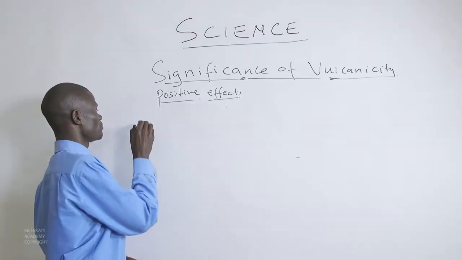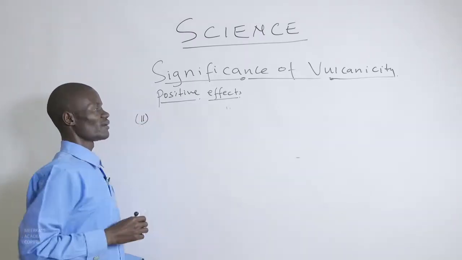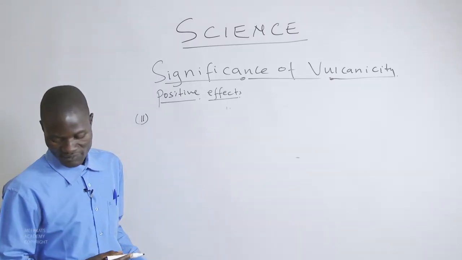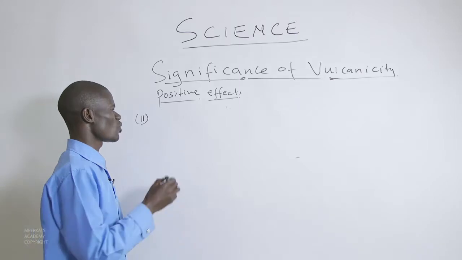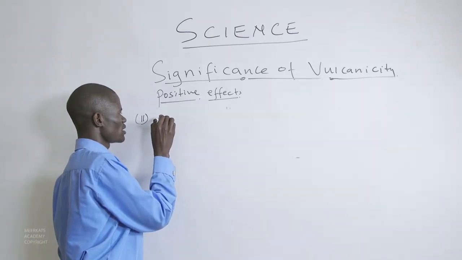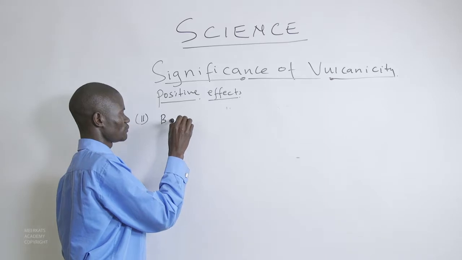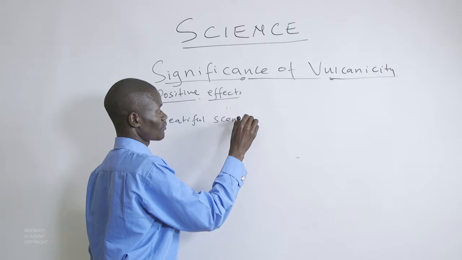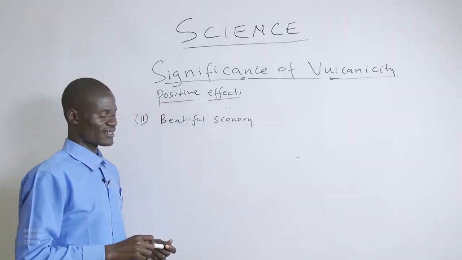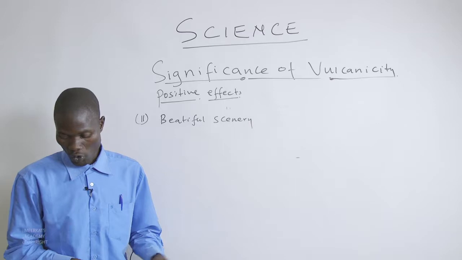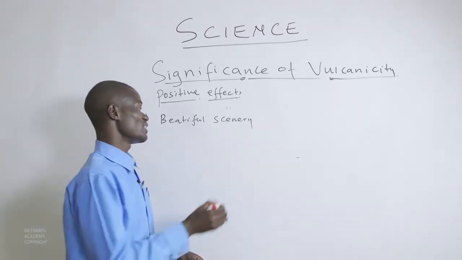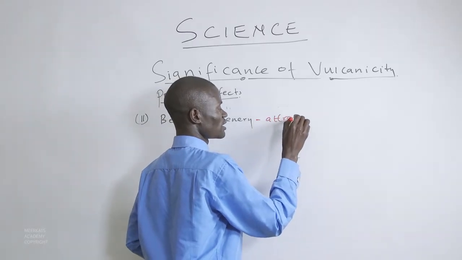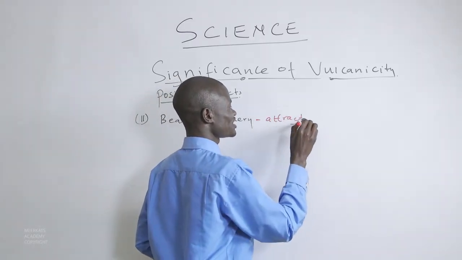When we look at the second one, which is also a positive effect, the volcanic mountains or volcanicity produce beautiful scenery. Beautiful scenery is created on the environment. What do these sceneries do to the economy? Every beautiful scenery attracts tourists.